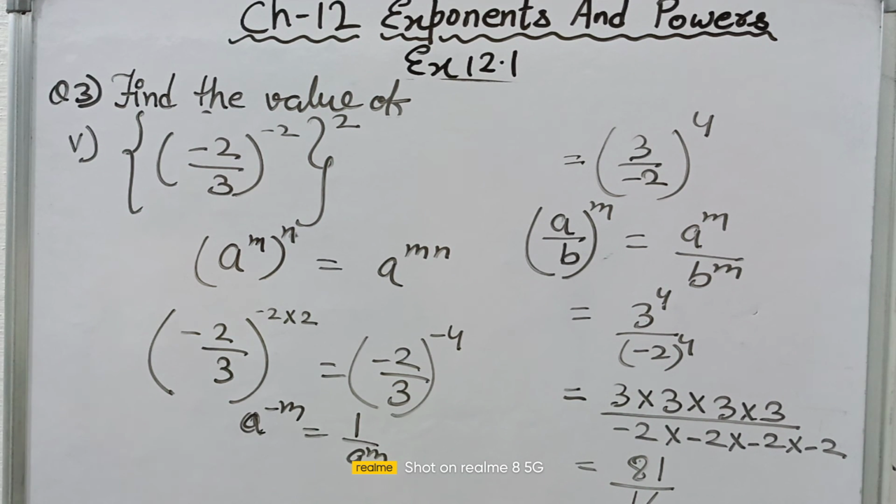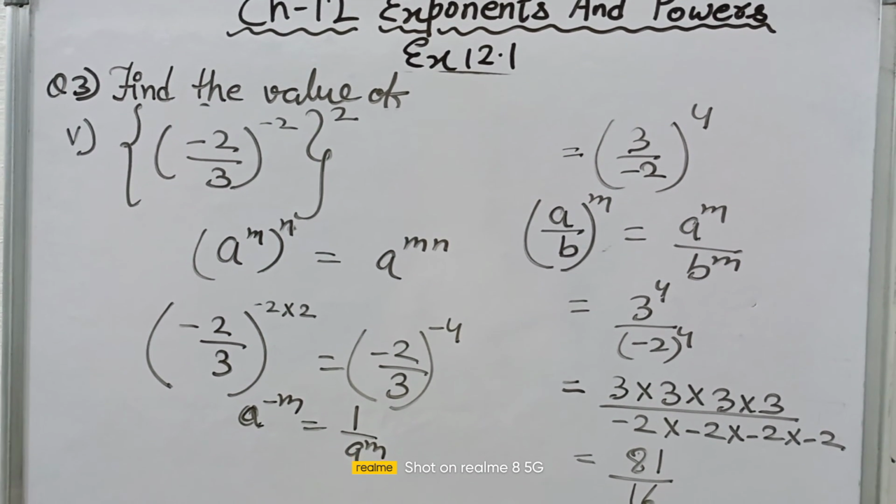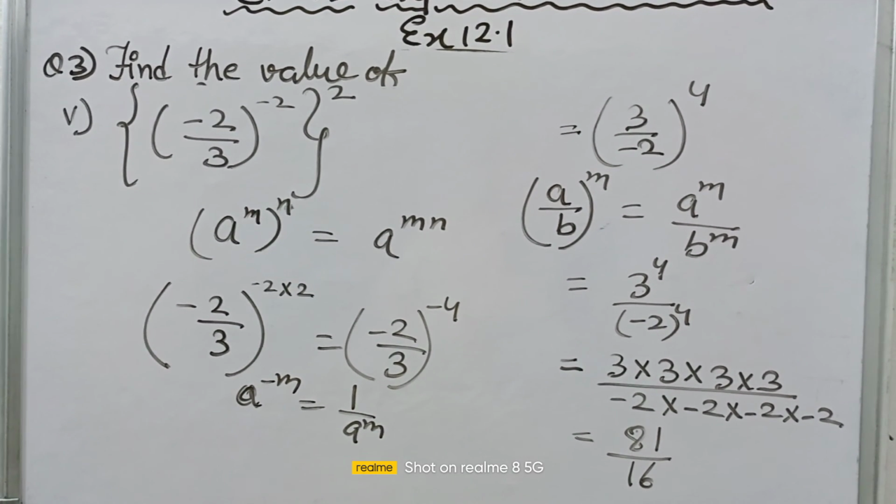Now you all must be wondering where this negative sign has gone. When we multiply one negative with another negative, it becomes plus. So this minus minus becomes plus and this minus minus becomes plus. And then plus multiply plus is plus. So our answer is 81 upon 16. Try the rest of the parts yourself and then we will meet in our next video.